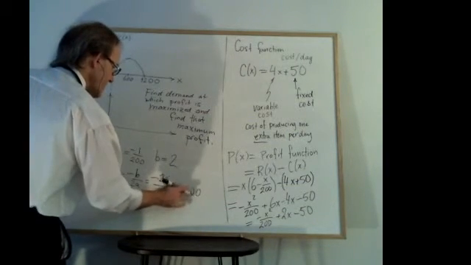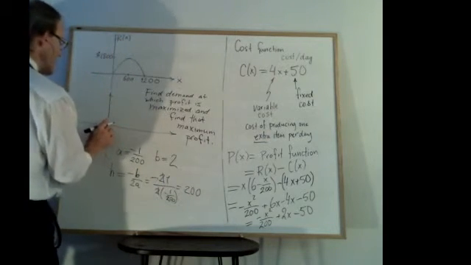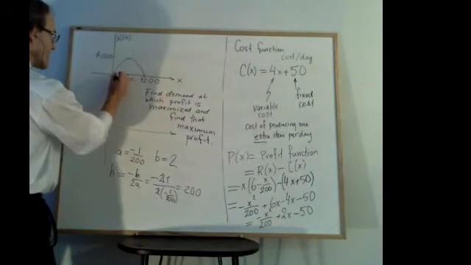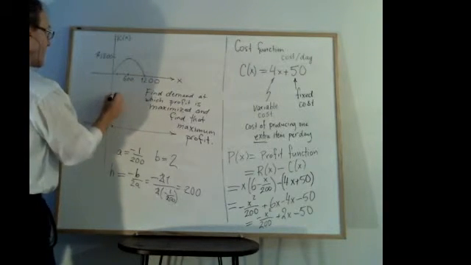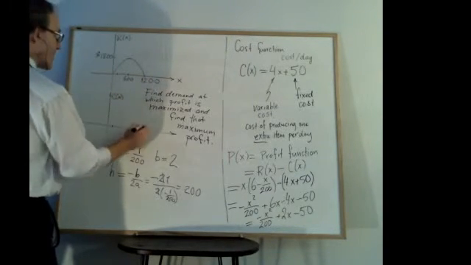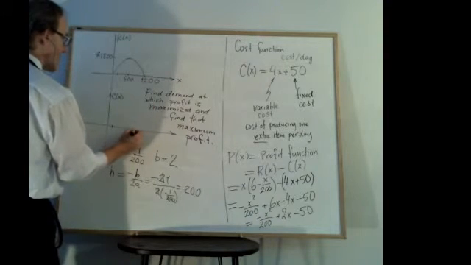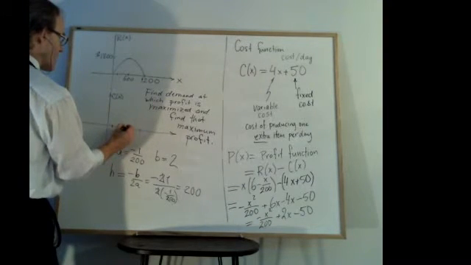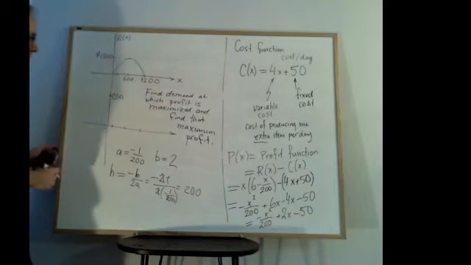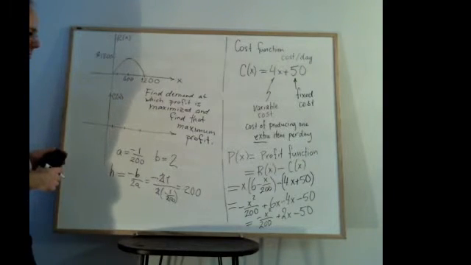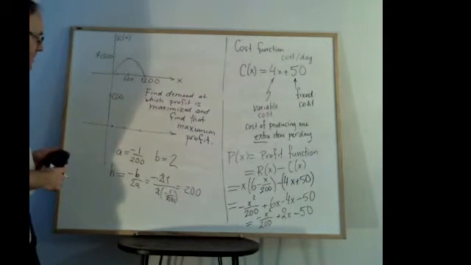Oh, so it should be 200. Okay, it's closer, not that close, not that much. It's right over here somewhere. So here's where I have the maximum now of the cost function.